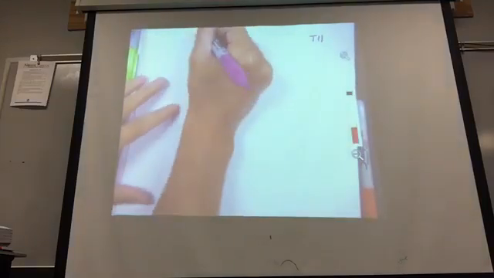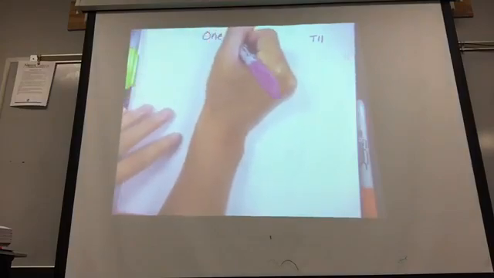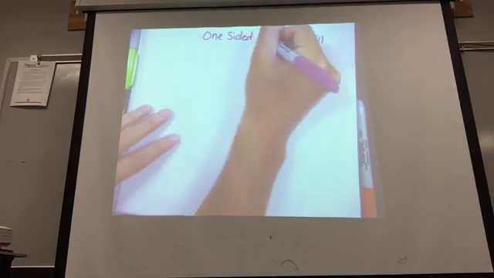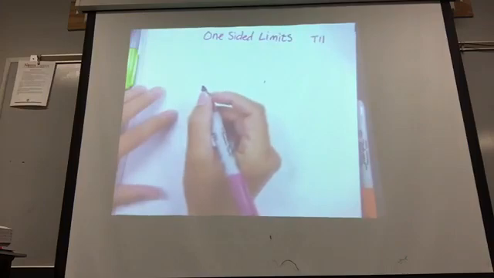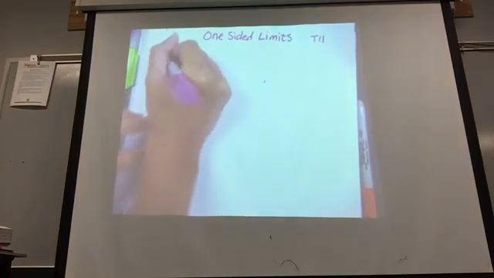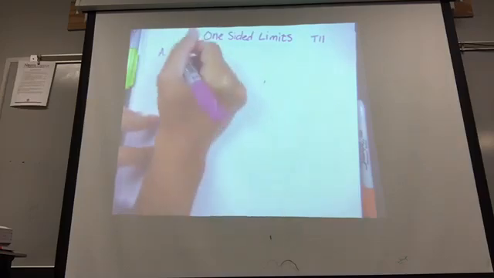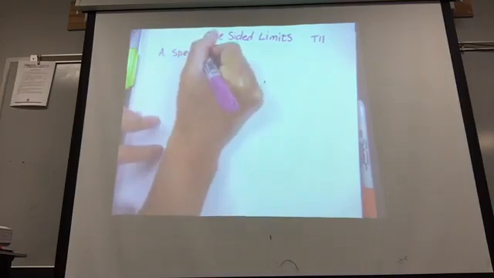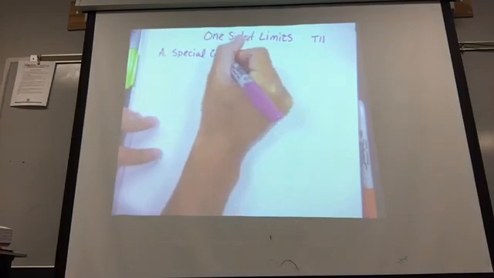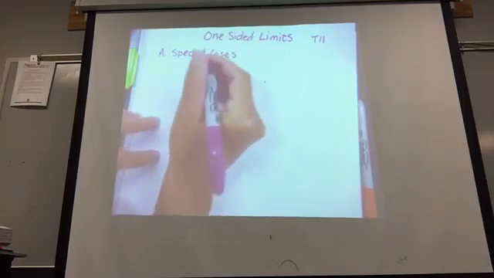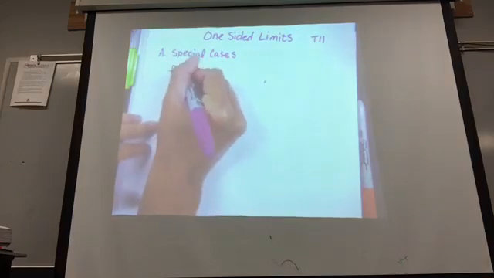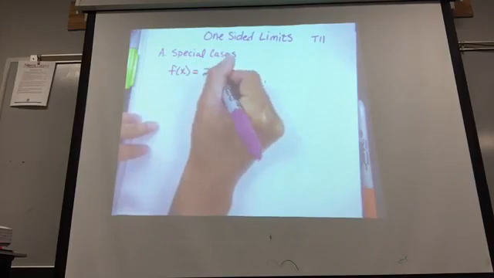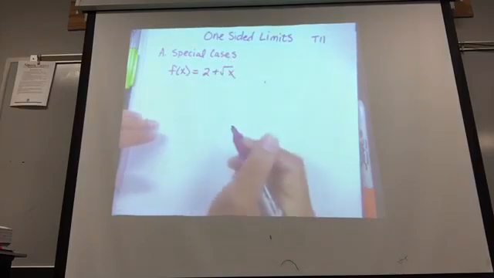Okay, so we are going to look at one-sided limits. First we're going to consider special cases. Consider the equation f of x equals 2 plus the square root of x.